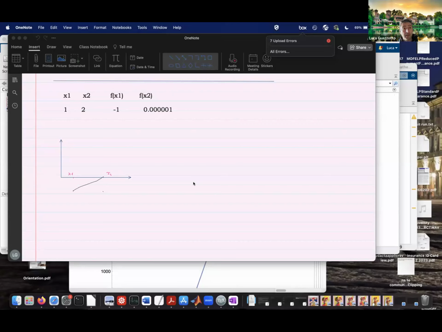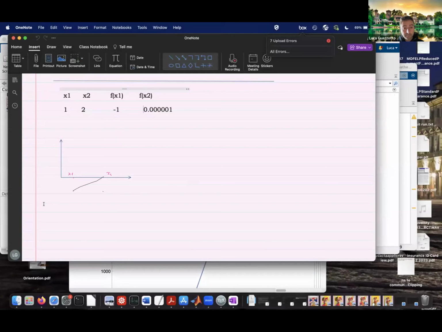And one idea is to say, well, I don't know what the shape of the function is, but I can guess, maybe just draw a straight line between the points x1 and x2 and the values of the function, and approximate the function with a straight line.